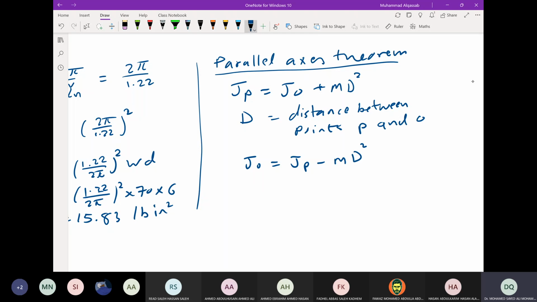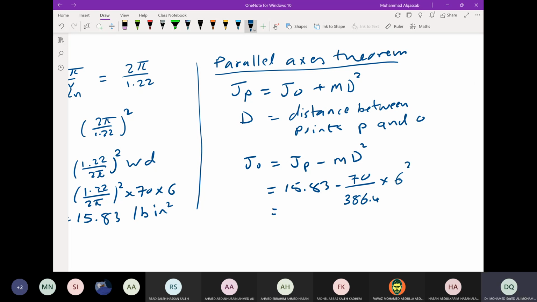So this is 15.83 minus the mass. The mass is W over g, so it is 70 over g. We need to calculate g in inch per second squared, which is 386.4, I think, times 6 squared.